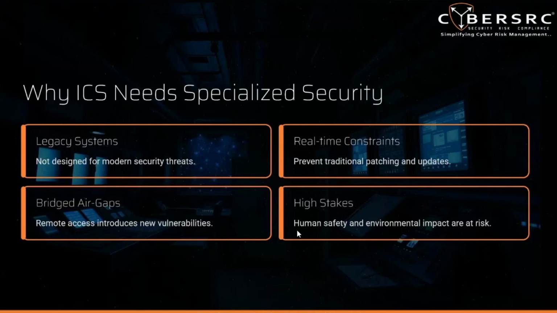Legacy system. What is a legacy system? A legacy system is a system that is declared end of life, and the company has said that we are not supporting any kind of security patches for the system. To give you an example, let's take Windows 7. Windows 7 was a very good operating system back in the day, but now Windows 7 is a legacy system.